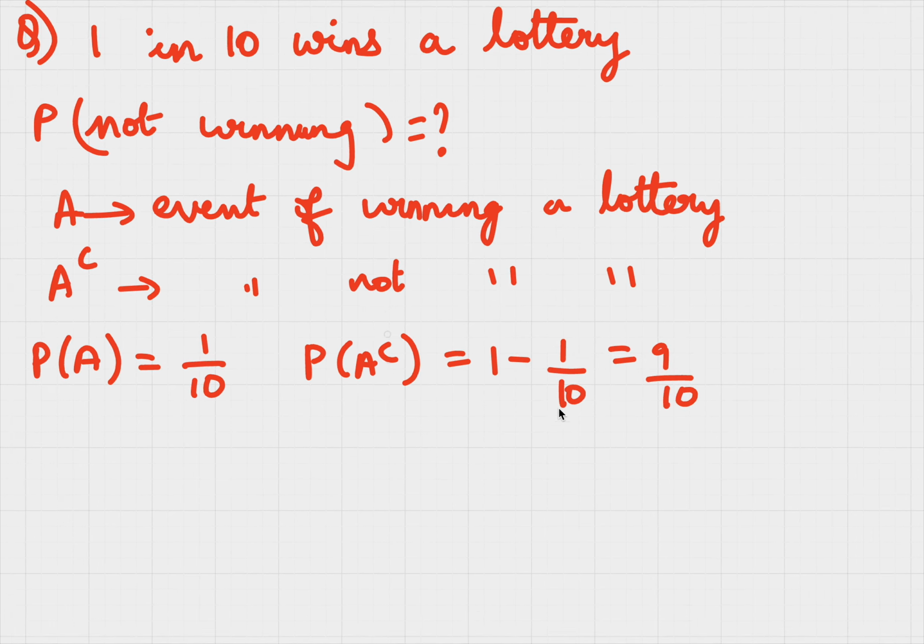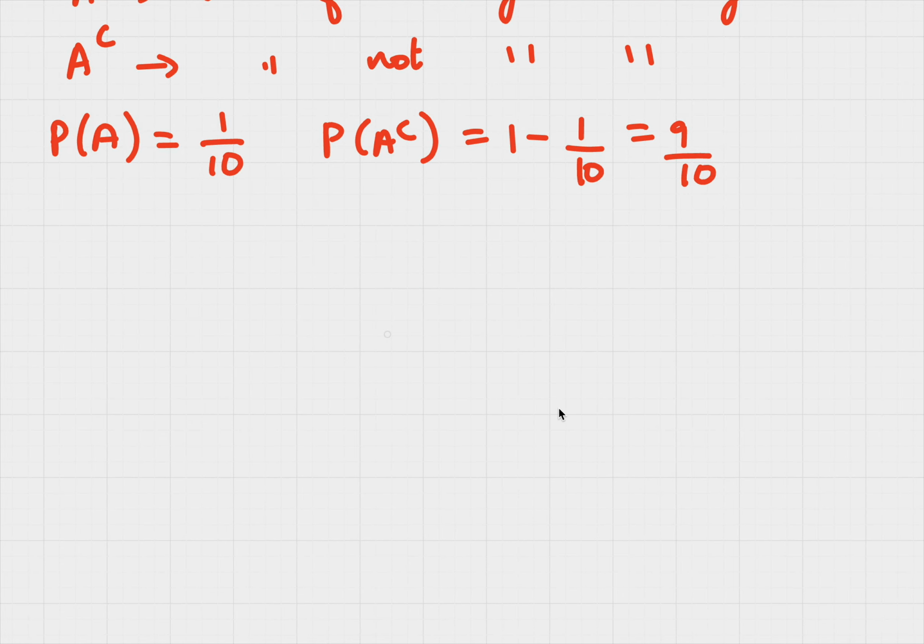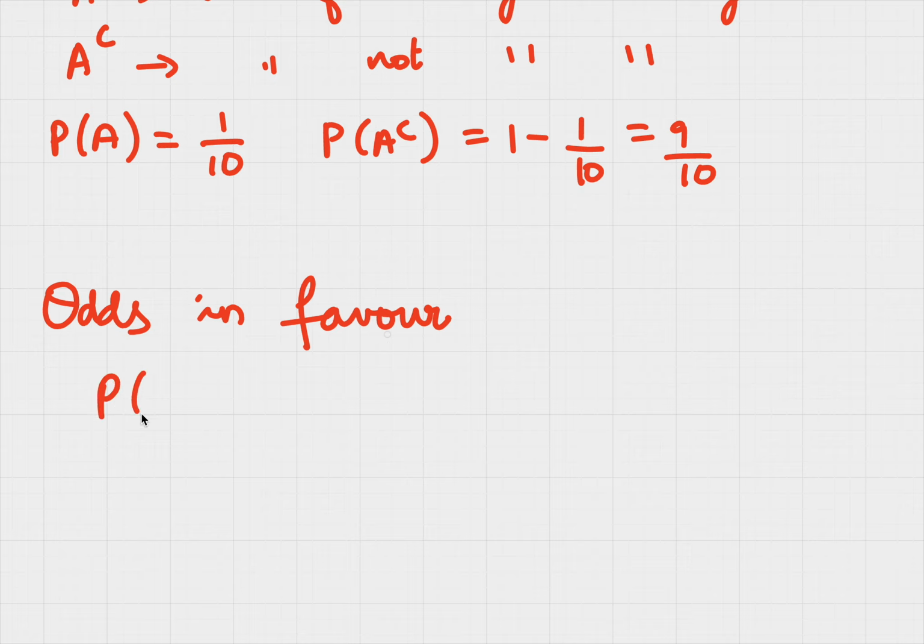Now let us talk about odds in favor of an event and odds against an event. First let's see what is odds in favor. Odds in favor of an event is nothing but the ratio of P of A to P of A complement.